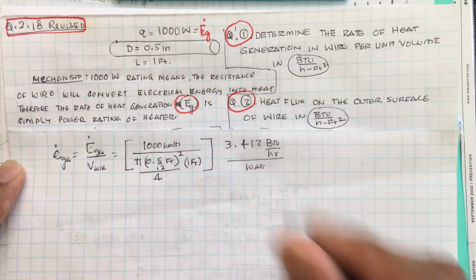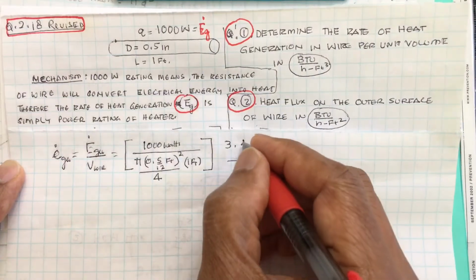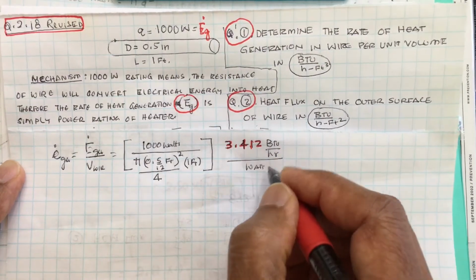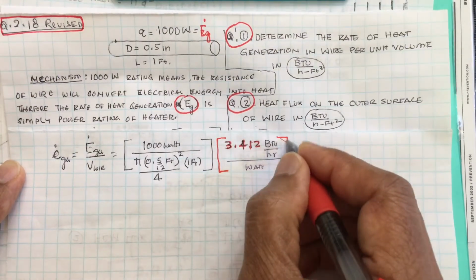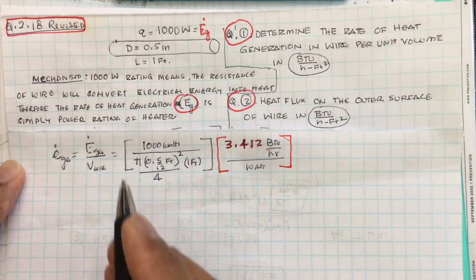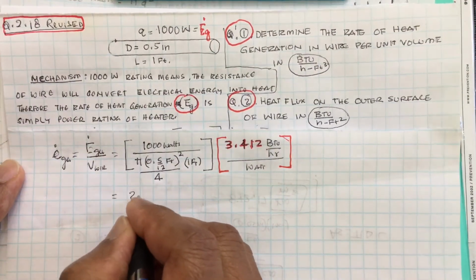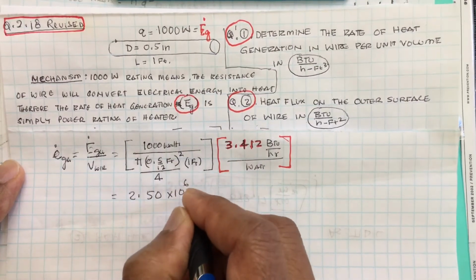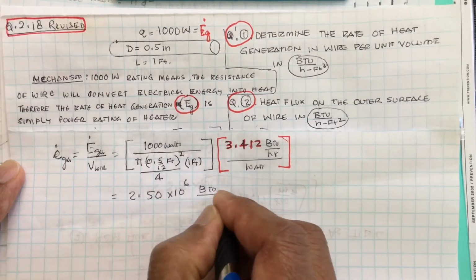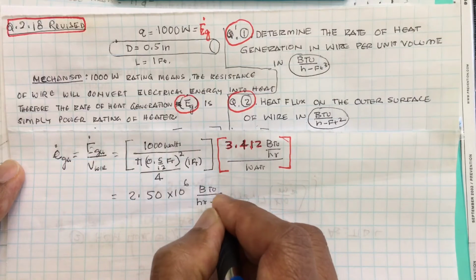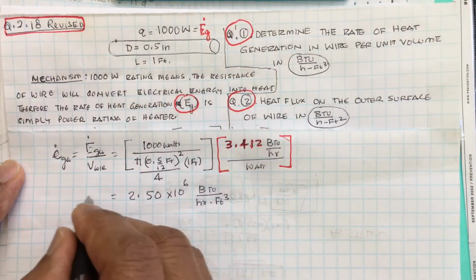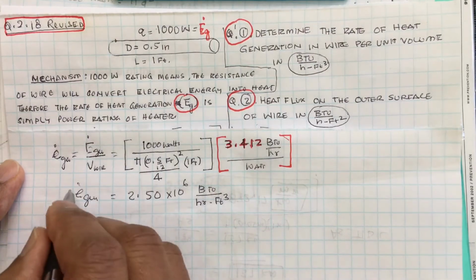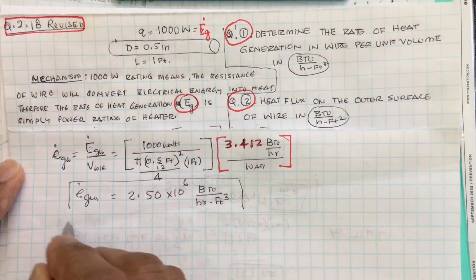Yeah, so this is the critical thing: 3.412 BTU per hour per watt. So simplifying that, you will come up with an answer of 2.50 times 10 to the power of 6 BTU per hour feet cubed. And that is the first part he wanted, in terms of heat generation per feet cubed.